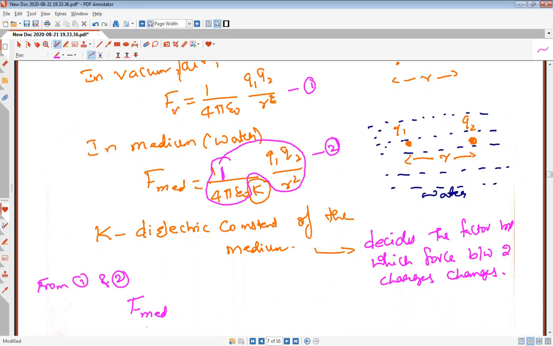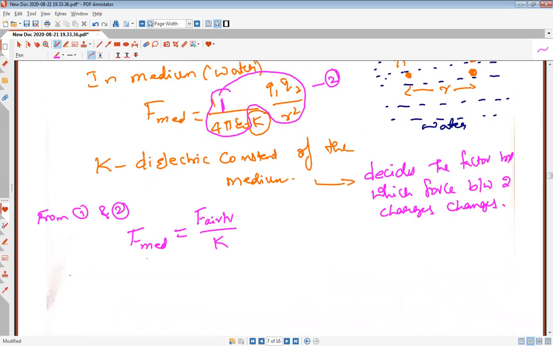This is nothing but the force in air or vacuum, isn't it? So I can write it as force in air or vacuum divided by K. Therefore, force in medium is force in air or vacuum divided by K.